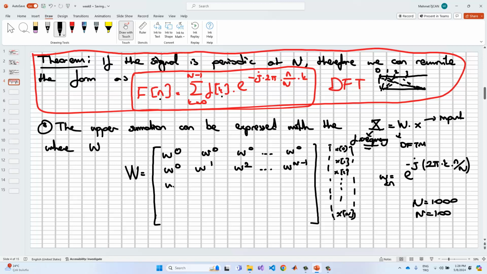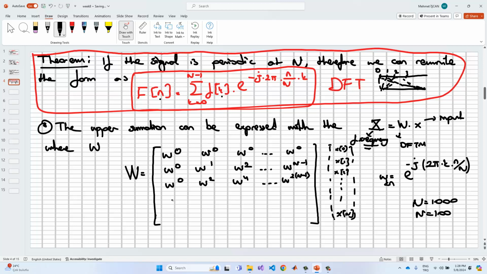And in the next case, W^0, W^2, W^4, up to W^(2(n-1)). But why? Because n is 2 right now, and so in each case there is a 2 times multiplication.